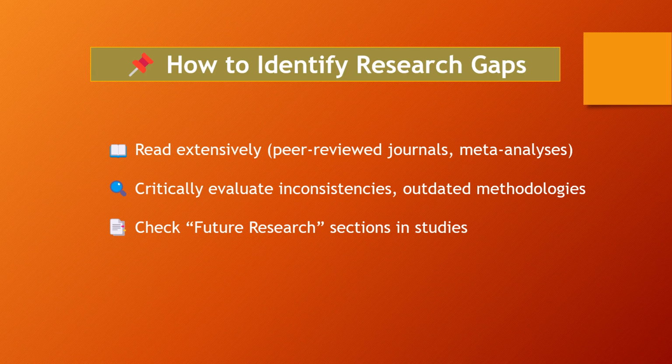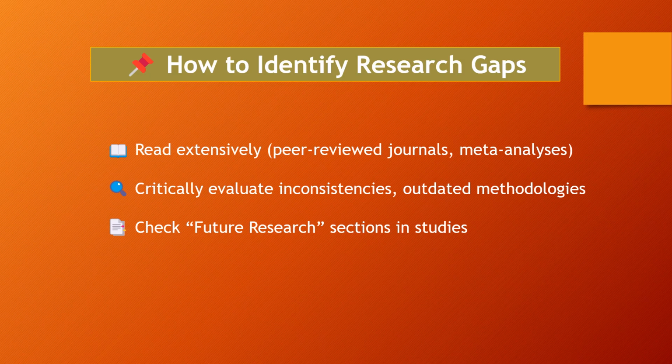First off, you read extensively. You read peer-reviewed journals, meta-analyses, articles, and the rest. That is one way you can identify research gaps. You can also critically evaluate inconsistencies and outdated methodologies. Another way is to check the future research sections of studies. It's almost at the last end of every journal or article you pick, you're going to see future research.